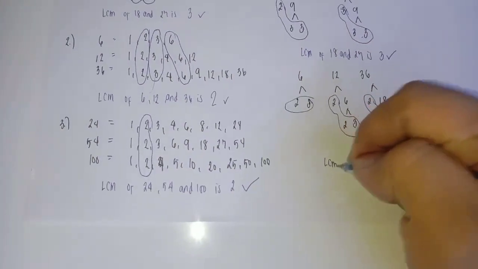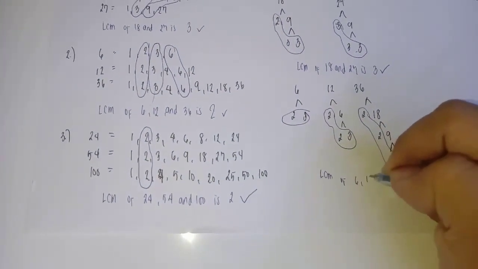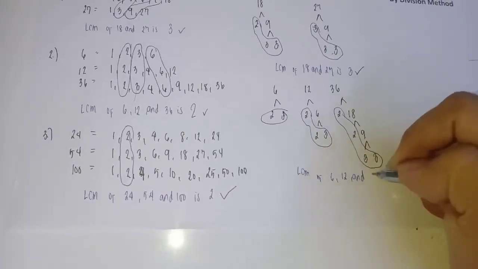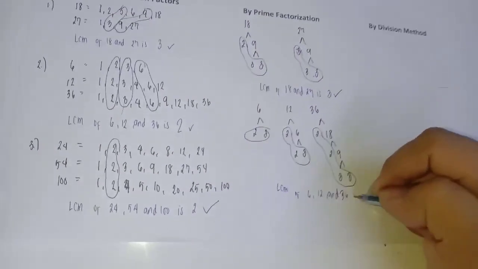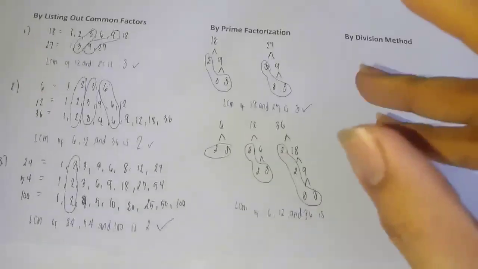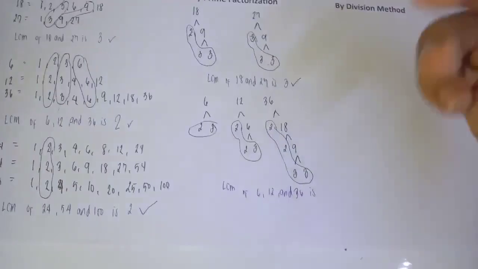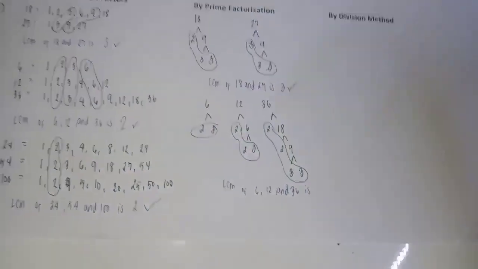Okay? So now, how about the LCM of 6, 12, and 36? Ganun pa rin yung paraan, kukunin natin yung pinakamaliit na number which are common to 6, 12, and 36. Okay?